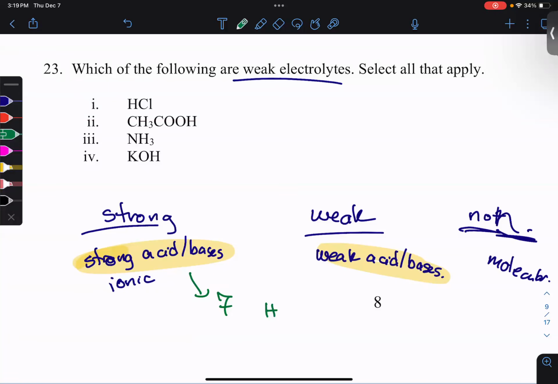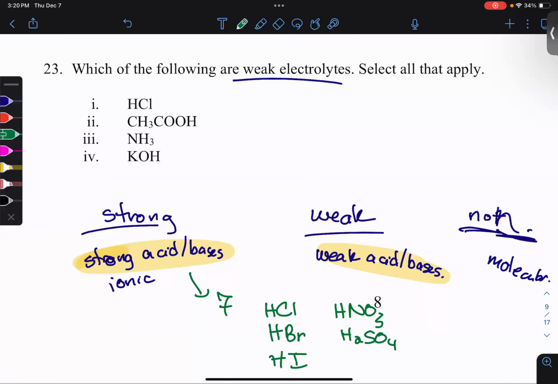And how I memorize it is I look at the periodic table, and it's all of the halogens except fluorine. So for binary acids, HCl, HBr, HI. Those are the 3 binary strong acids. Then there's nitric acid. Then there's sulfuric acid.